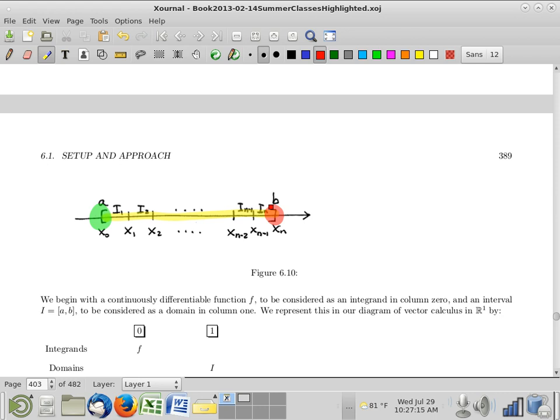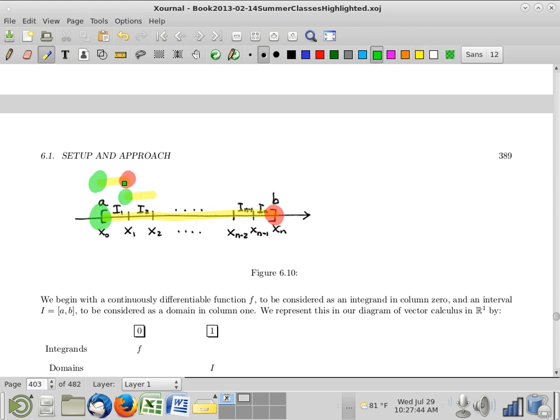Now, next question. What can I say about the orientations on the individual pieces? Let's look at I1. There's I1. I'm offsetting it up just to keep my picture from getting weird. What's the boundary of I1? It's a negatively oriented starting point and a positively oriented ending point. What about I2? There's I2.